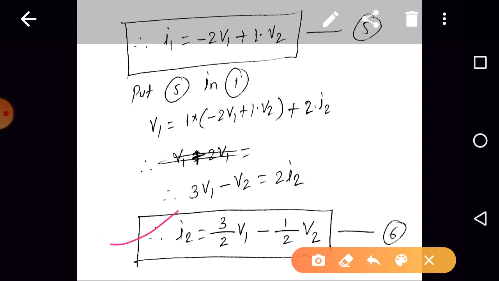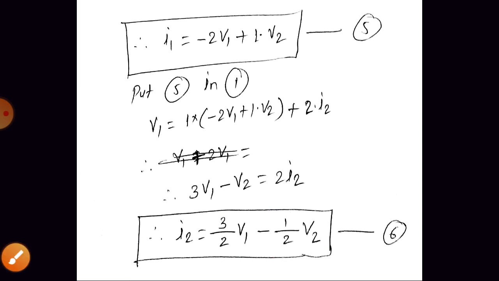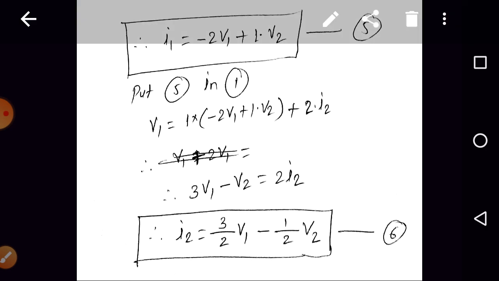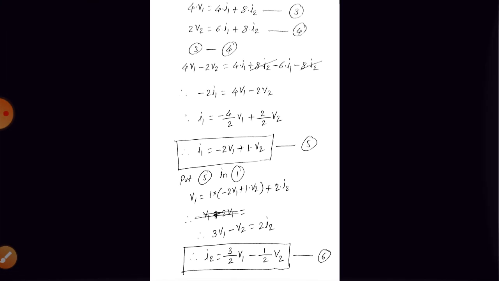So I2 is equal to Y21 V1 plus Y22 V2, where Y21 is 3 by 2 and Y22 is minus 1 by 2. So without memorizing the expressions of Y11, Y12, Y21 and Y22 in terms of Z parameters, we can simply go on simplifying and solving the equations. In this way we can find the Y parameters.